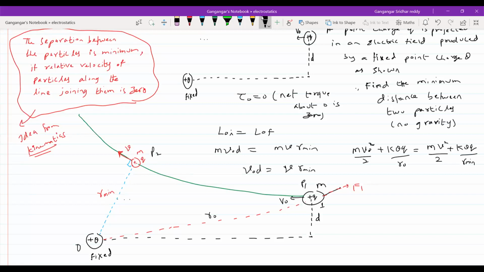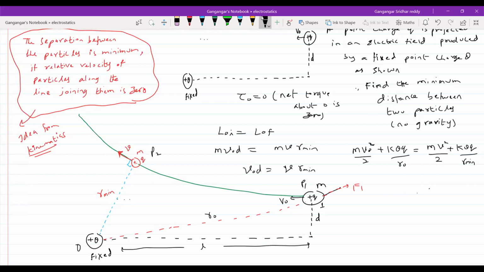It all depends upon how you define it. If the charged particle is projected from far away, then R naught will be infinity, or else you should give this particular distance. Then we can do this one.